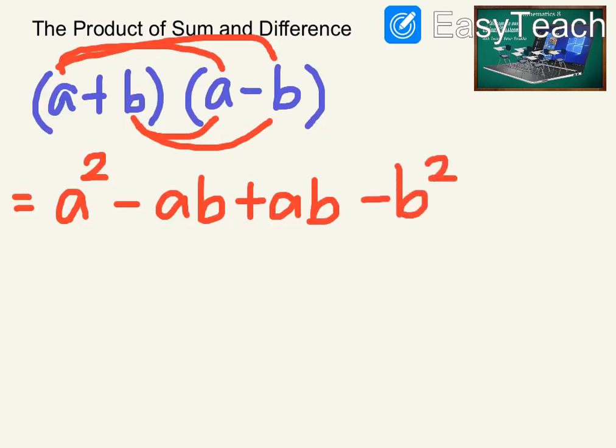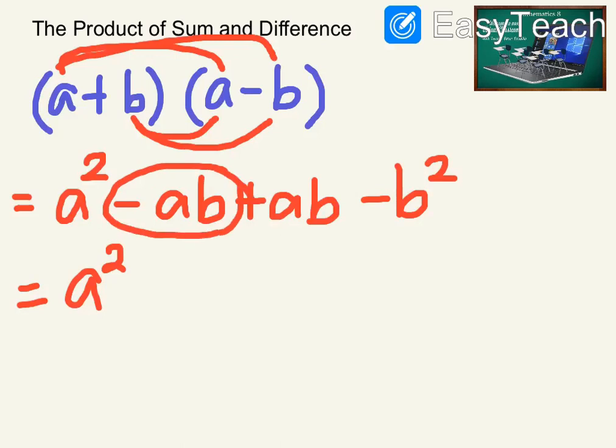So you will notice if you're going to simplify, magiging final answer natin equals a squared, and then the negative ab and the other positive ab will be cancelled out. Why? Because they are different sign.